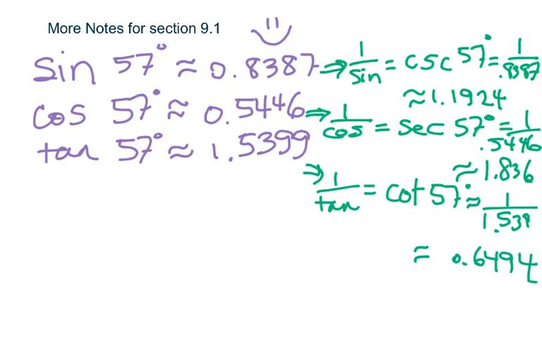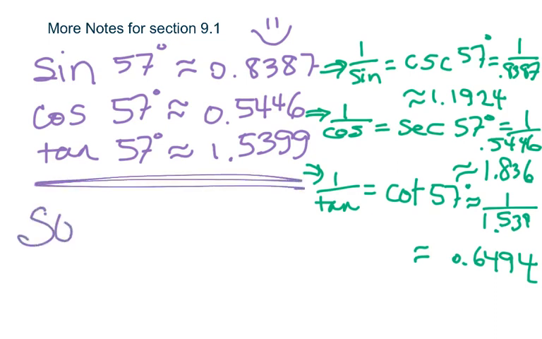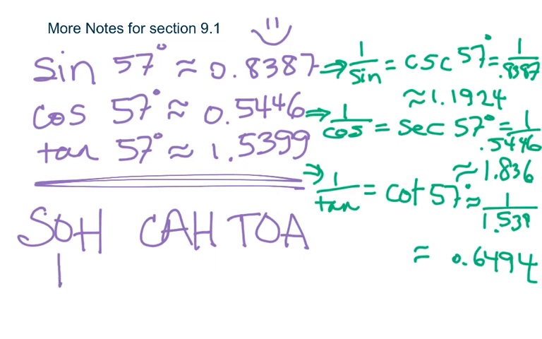That's just a review of our basic trig identities. And remember, this is our quick way to remember the basic three. It's SOH-CAH-TOA, because this is opposite over hypotenuse for sine, adjacent over hypotenuse for cosine, opposite over adjacent for tangent.